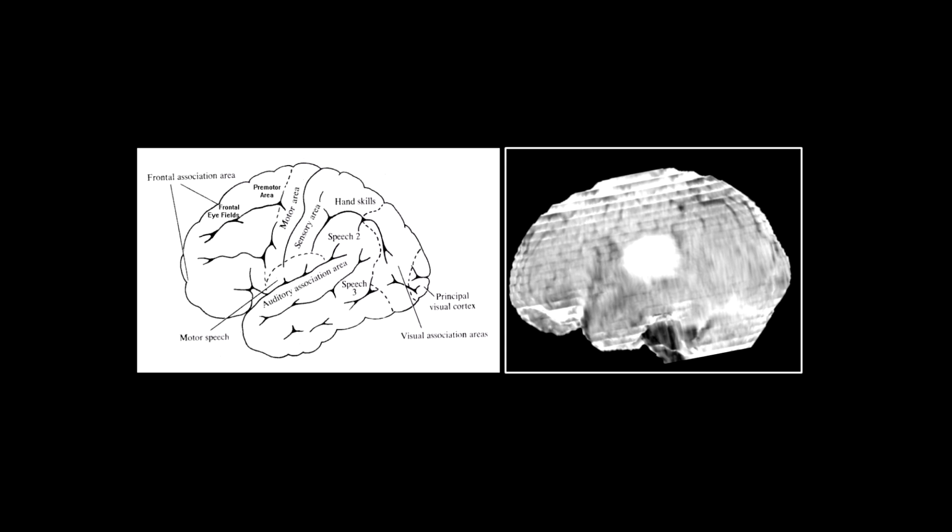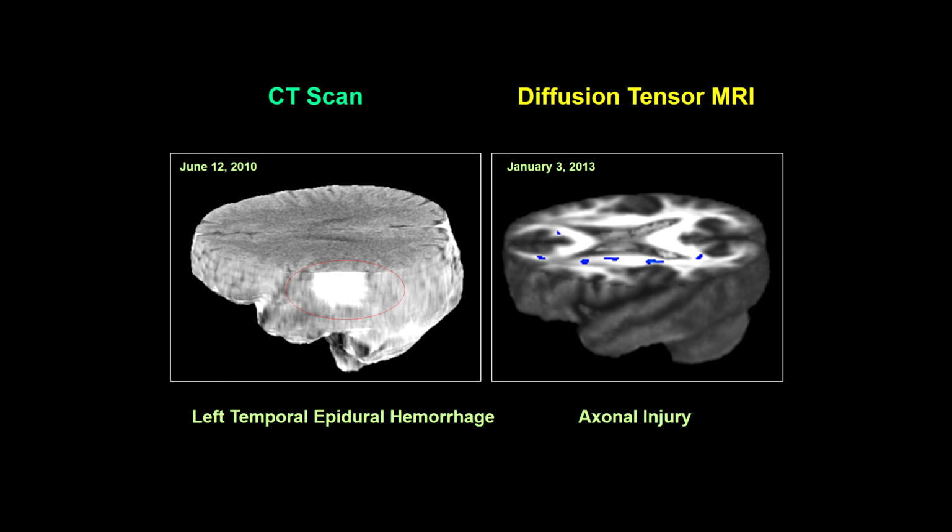Now remember, his two major deficits were word-finding problems and mild auditory attention problems. So far we have a good correlation here. When we looked at his diffusion tensor map, we found that he had abnormalities predominantly in the left temporal lobe, or left frontotemporal area, very, very close to the hemorrhage, most likely a result of the compaction and the focal impact to the left side of his brain.